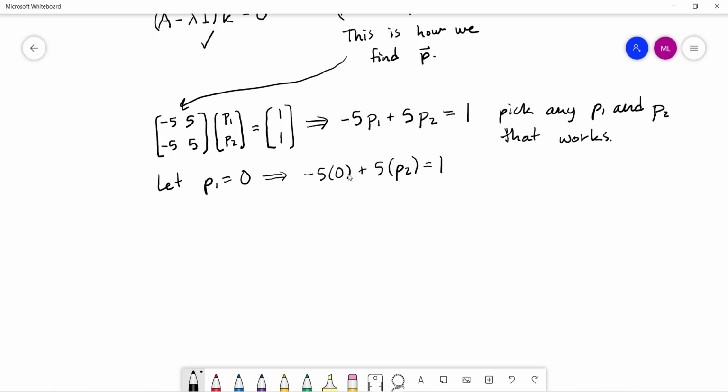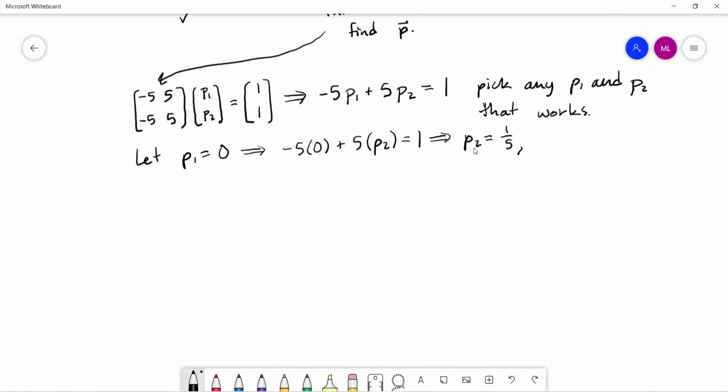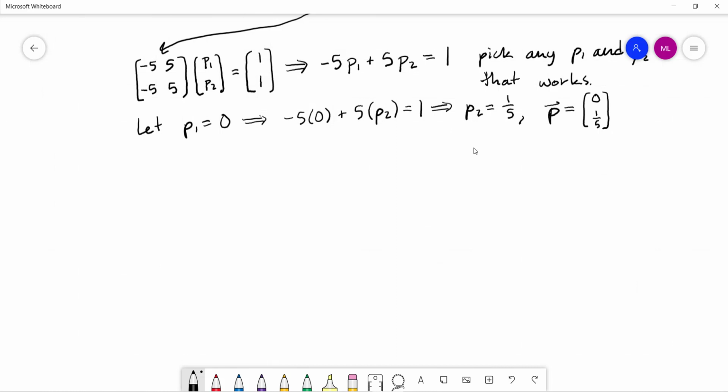So this whole term is now 0. What do I need to make p2 in order to force this term to be equal to 1? p2 is equal to 1/5. And so that would give me one option. So the vector p would be, p1 would be 0, and p2 would be 1/5. So there's one option.